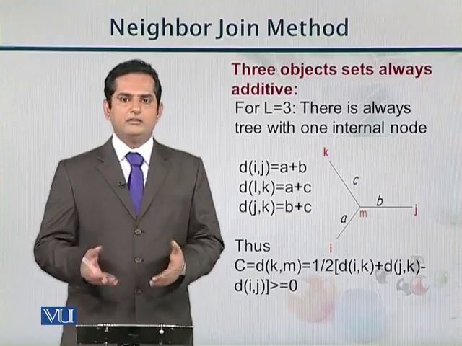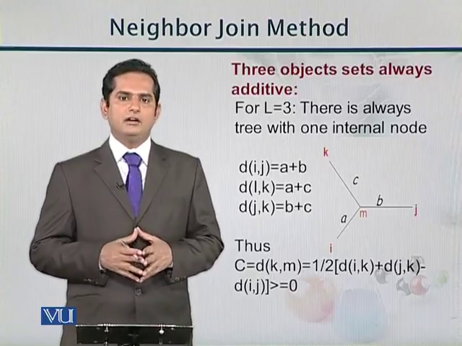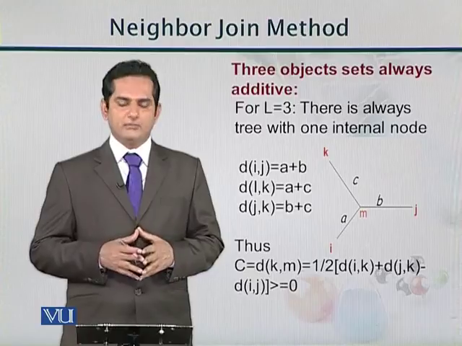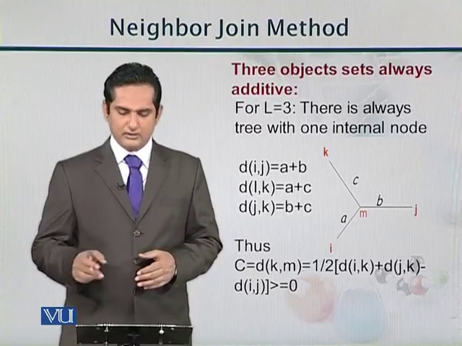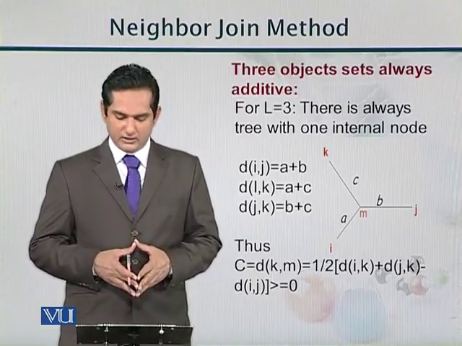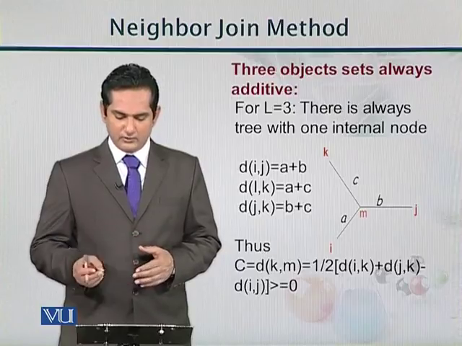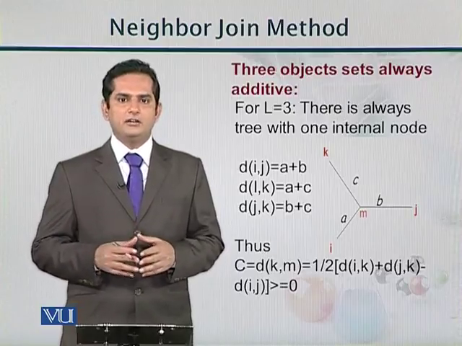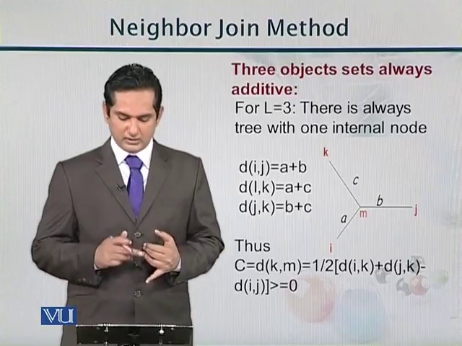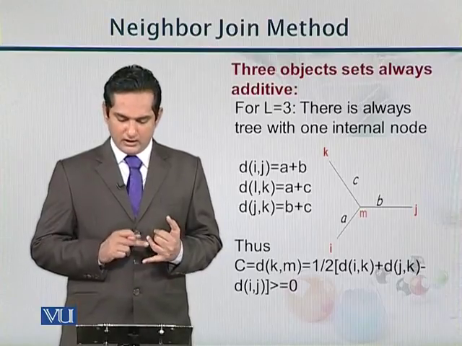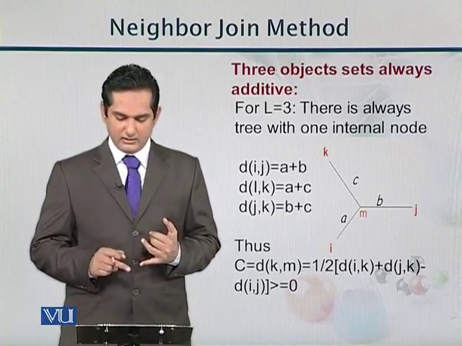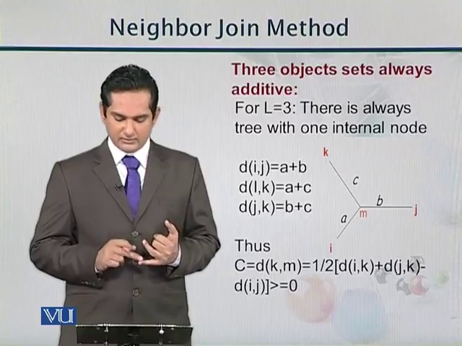Okay, so here I have given an example of an additive matrix. Basically, I have three things i, j and k which are at the terminals. If I want to calculate the distance between ij, I have to calculate two segments which are a and b. For ik we have to calculate a plus c, for jk we have to calculate b plus c.